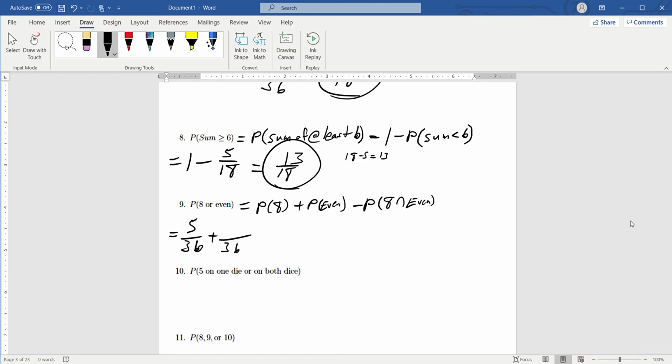Now, when it says even, that refers to the sum being an even. So this will give you an even, 1 plus 1. Nope. Yes. 3 plus 1 is even, 2 plus 2, that's essentially the same thing as 3 plus 1. This diagonal are odds because that's a 5.